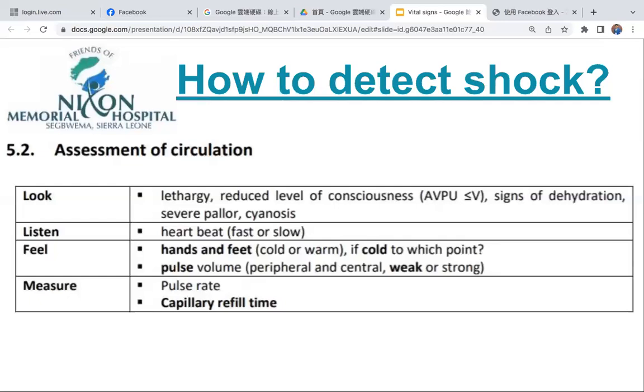You look at the conjunctiva and for any cyanosis. And then you listen to the heartbeat and feel the hands and feet, whether they are cold or warm. And then we also check the pulse, whether it is weak or strong. And the last thing we need to do is measure the capillary refilling time. Is it longer than 3 seconds?